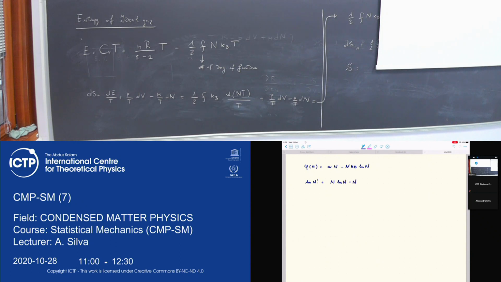Therefore, for a very large n, you can think of this object as minus k Boltzmann log of n factorial plus n times a minus k Boltzmann, right?